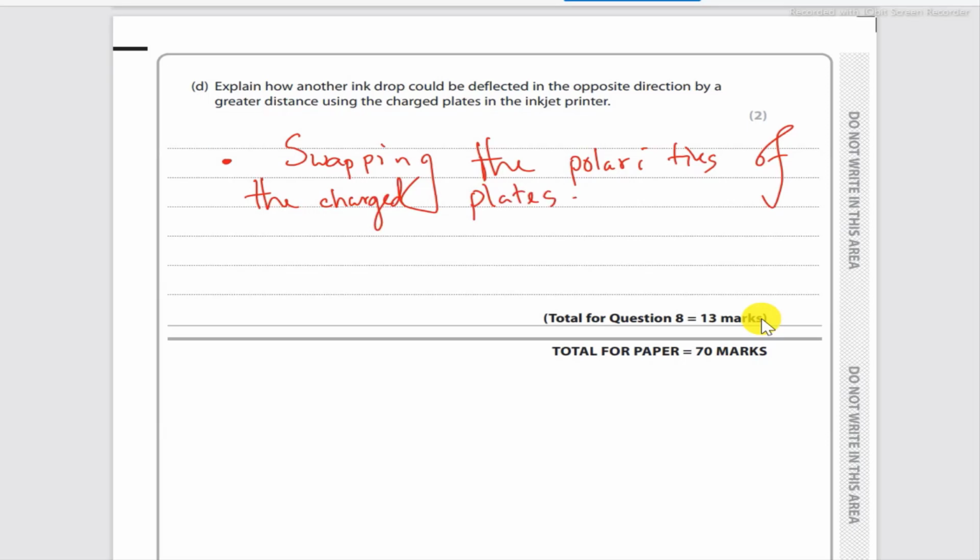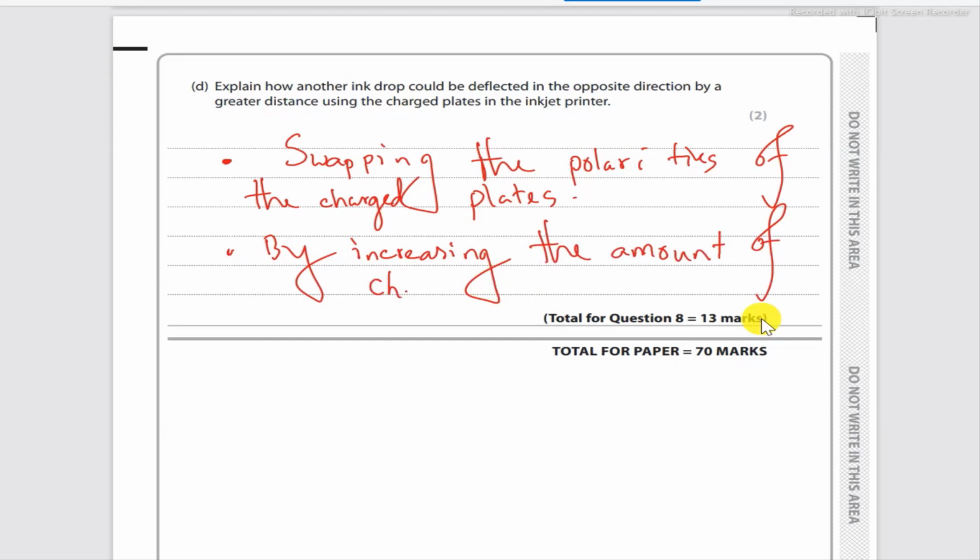So by alternating the polarities of the charge plate, and by increasing the amount of charge on plate.